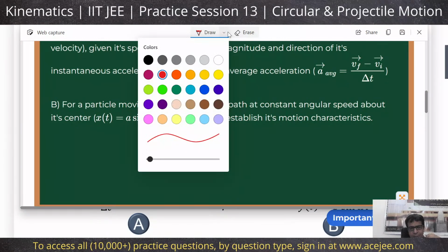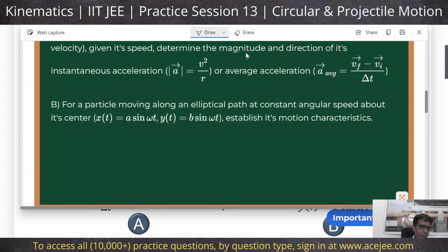So, beta Ruchika, for a pendulum which is oscillating about its mean position, what is the direction of the acceleration here? And what is the direction of acceleration somewhere in the middle? A, B, and C.